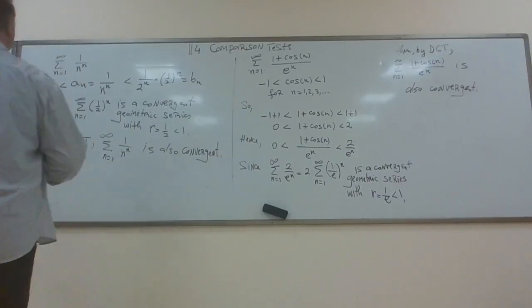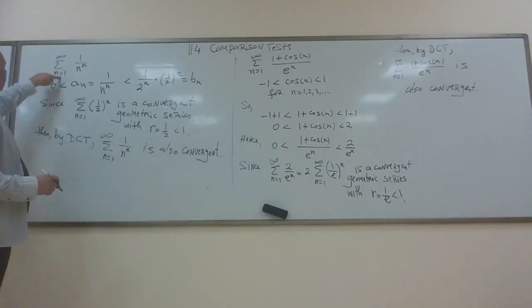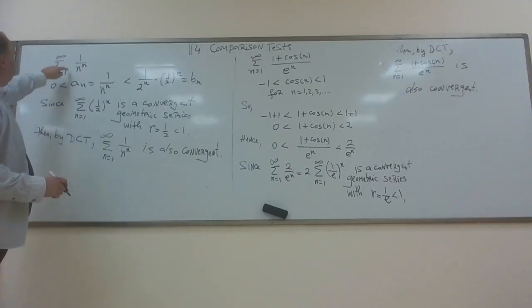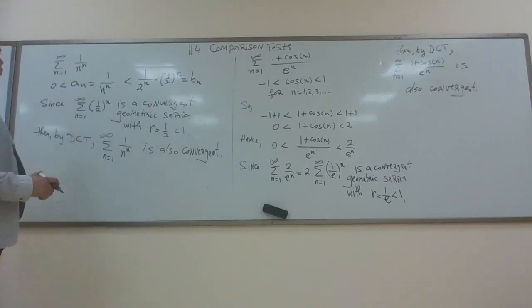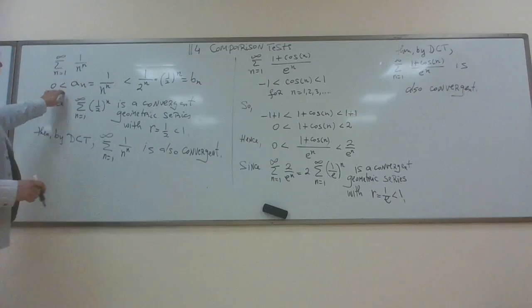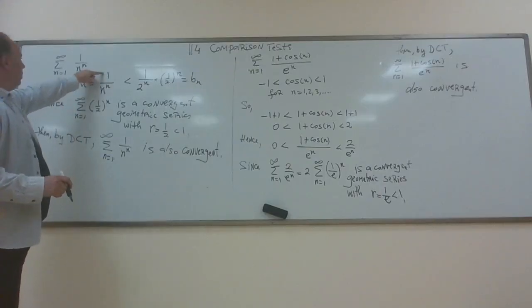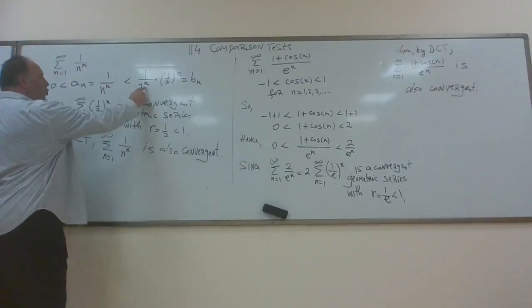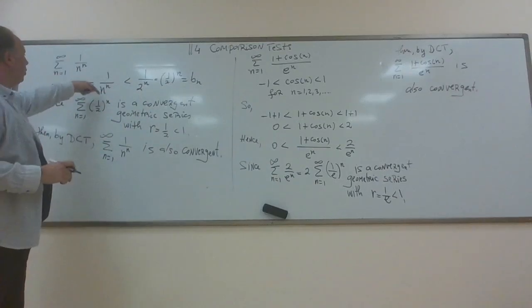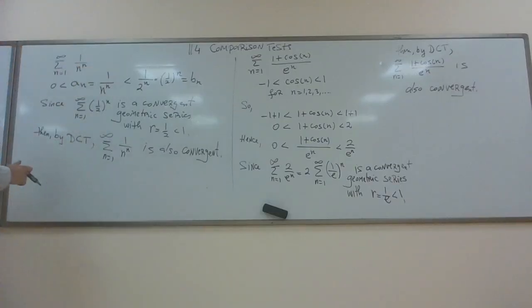Another interesting example, series with the general term 1 over n to power n. Ooh. Now we just need to observe then that 1 over n to power n is more than 1 over 2 to power n, because obviously n to power n is bigger than 2 to power n.